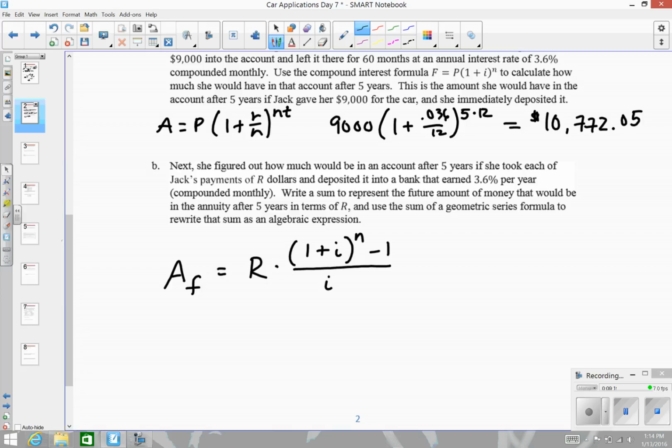Okay? If I do that, I'm going to write an expression. I don't know what Jack's payments are yet, so I don't know R. I'm going to write that as an expression in terms of R.